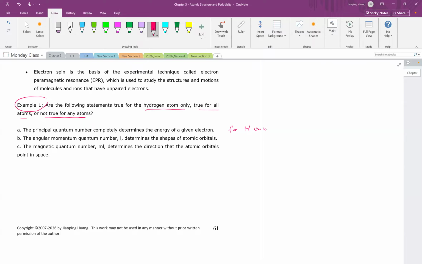The angular momentum quantum number L determines the shape of the atomic orbital for all. That's a definition, right? The magnetic quantum number ML determines the direction of the atomic orbital, the point in space, for all. Also a definition, right? Any question? No, let's move on.